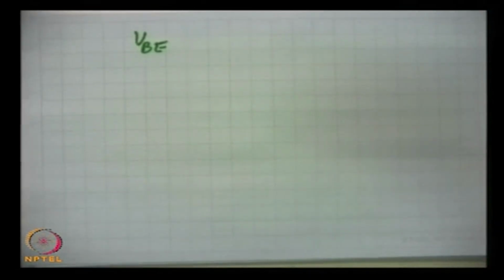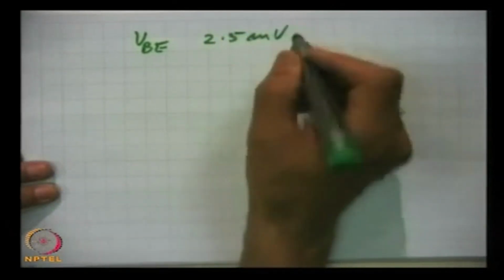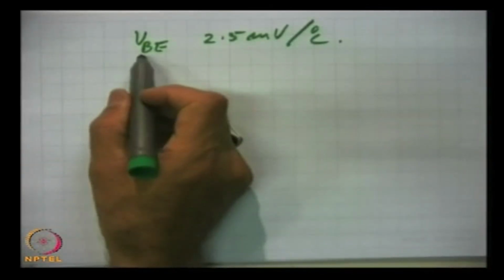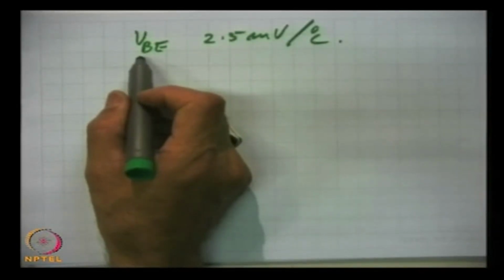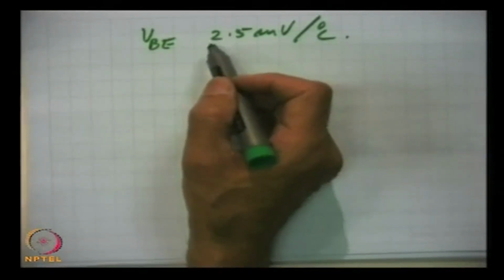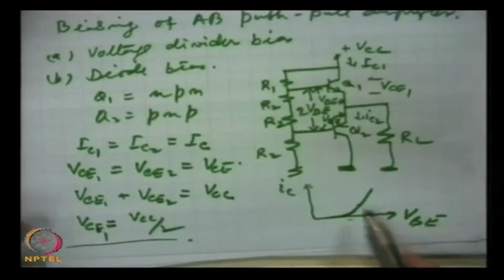It changes 2.5 millivolts per degree centigrade. So, this is for silicon transistor 700 millivolts. If the temperature rises by 20 degrees, then a 50 millivolts change will be there, and 50 millivolts will amount to a large variation in this current here.